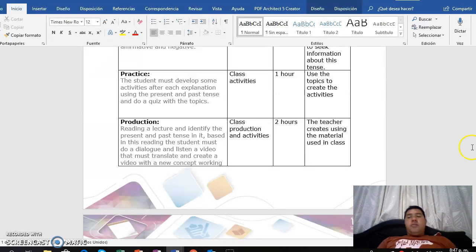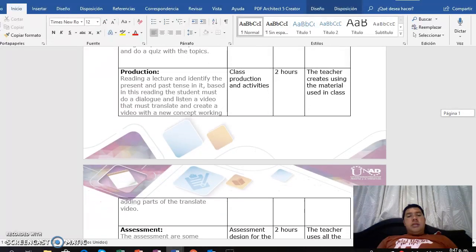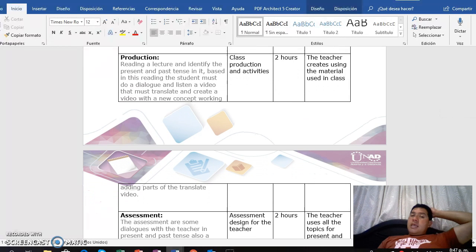The production is a reading and a lecture, and identifying the present and past tense. Based on the reading, the student must do a dialogue and listen to a video. This is more like a production class where the student will be involved in each aspect of the present and past tense.